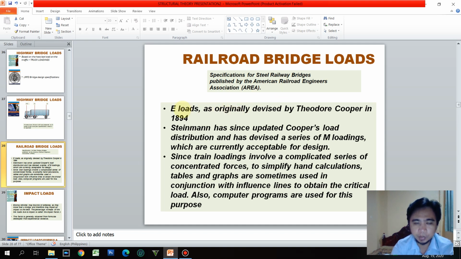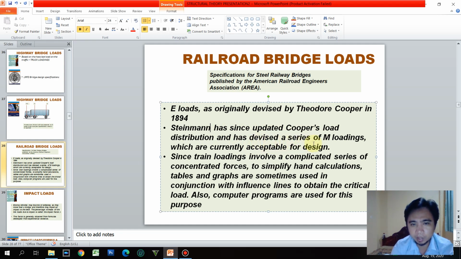First we have E-loads that were devised by Theodore Cooper in 1894, and then eventually Steinman updated this Cooper's load distribution and came up with M loadings, which are currently acceptable for design.